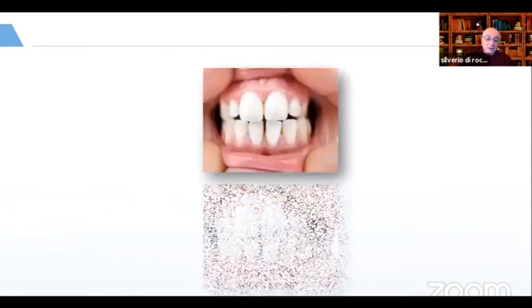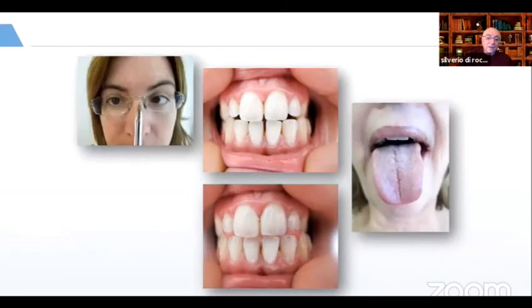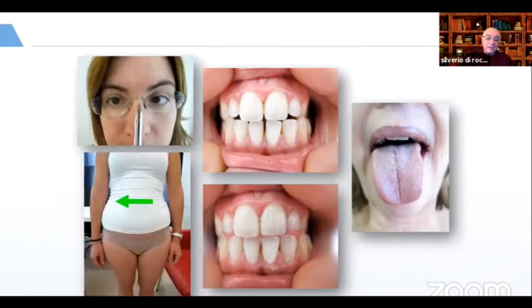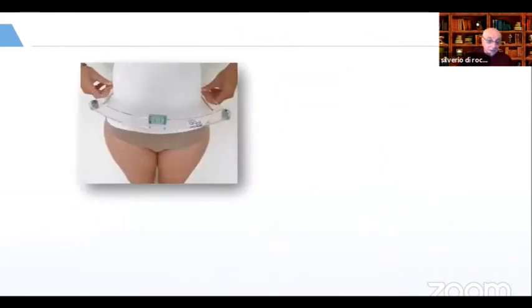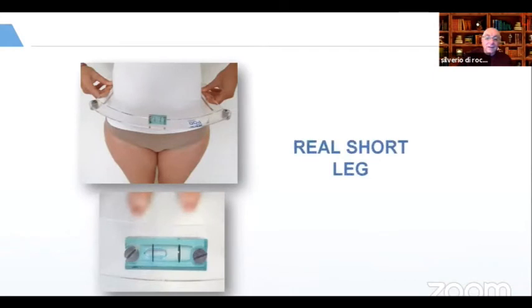This, the mouth, tongue, the eyes, alteration of the posture, and how we treat it. And also, a shorter legs, a real shorter leg. Who starts first to treat that patient?